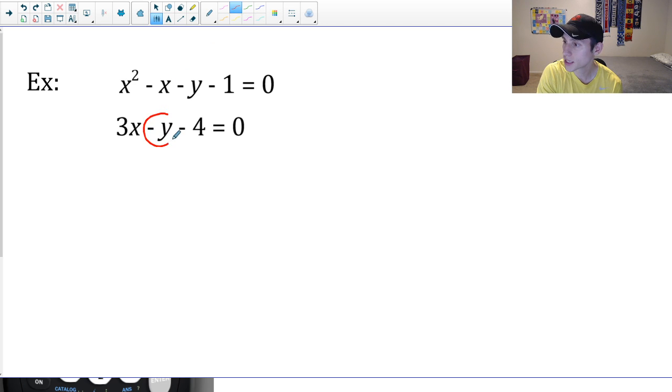The first thing I recognize is, on this more simple second equation, I just have minus y. That would probably be good for using substitution, because it'd be really easy to solve this equation for y. If I just add y to both sides, then I get 3x minus 4 equals y.